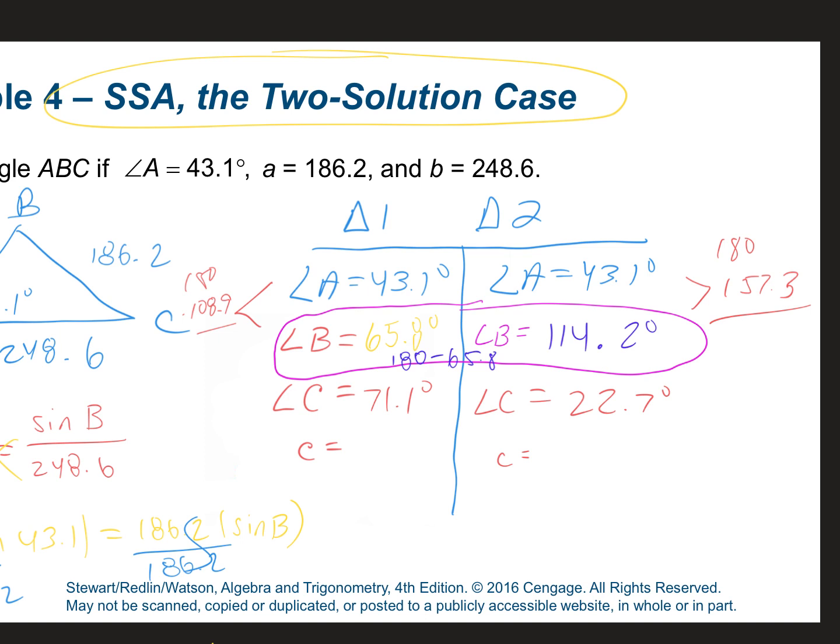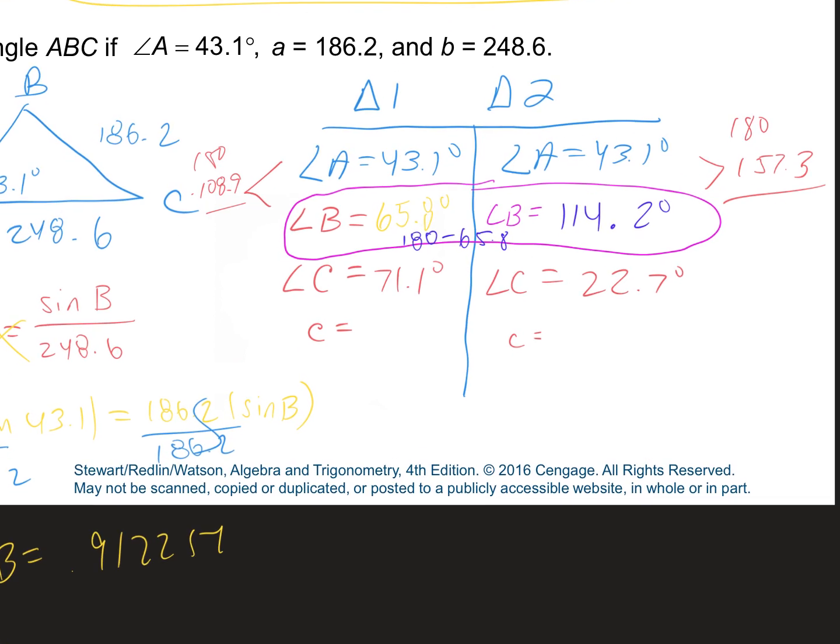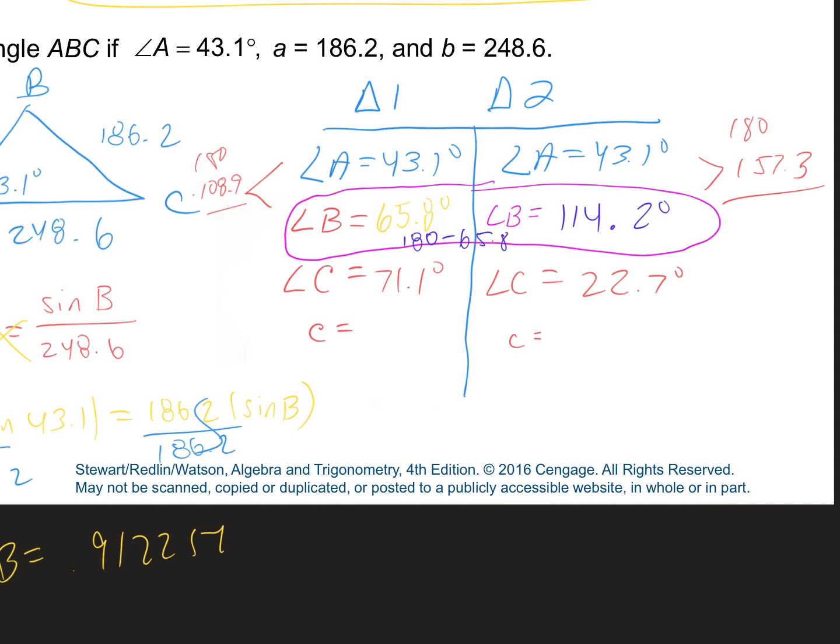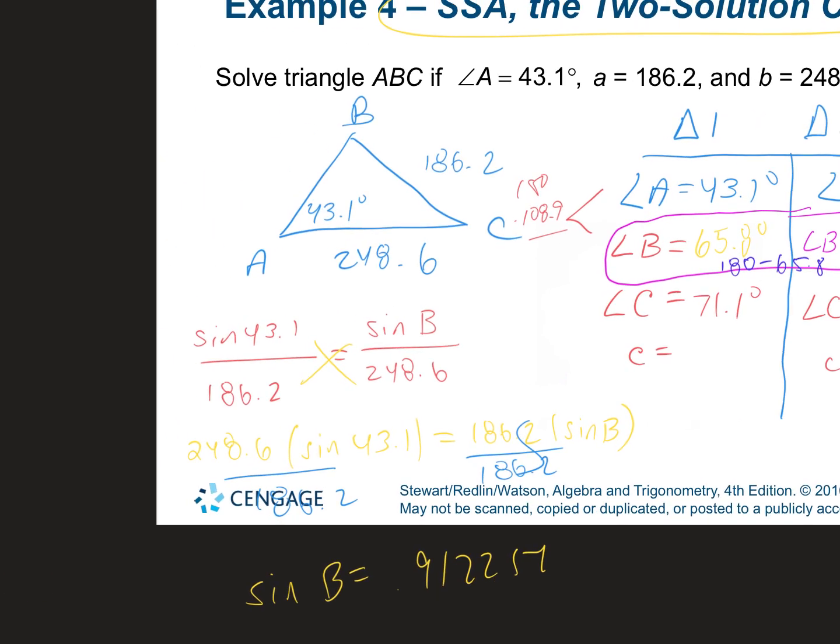Use the information from triangle 1 to find C in triangle 1, and the information from triangle 2 to find C in triangle 2. But what stays the same is this first given information. That was our law of sines proportion.